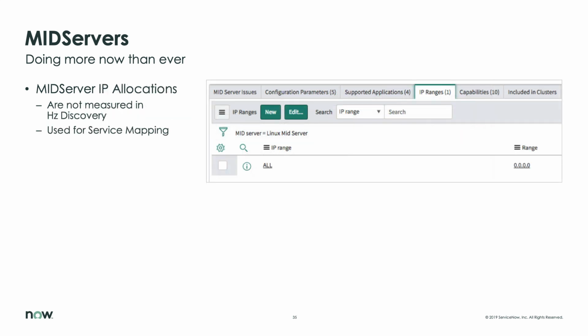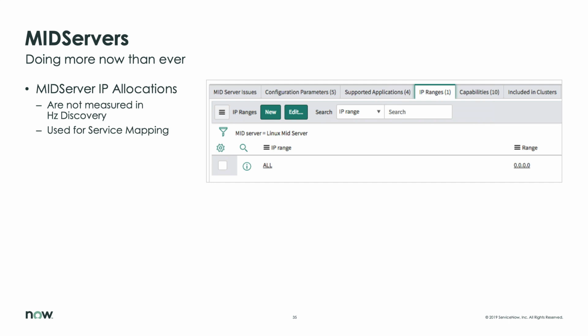And then IP allocations. Discovery, this works for us. Horizontal discovery does not care about IP allocations. This is primarily there for service mapping. Service mapping is for if you've got an environment, say your standard three-tier environment, where your databases are in a secure zone that needs a special mid server and they're on a special IP.